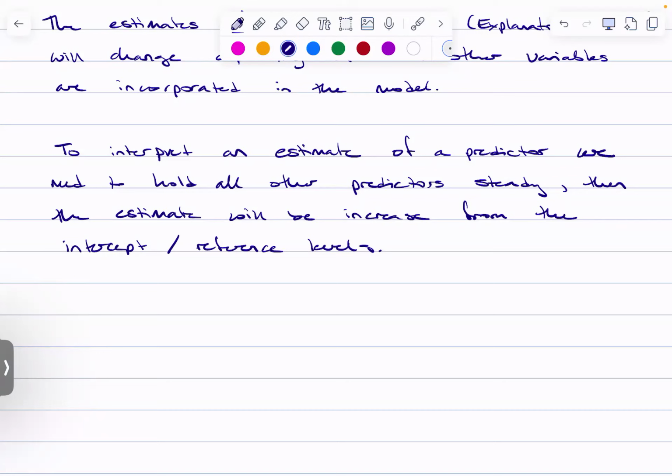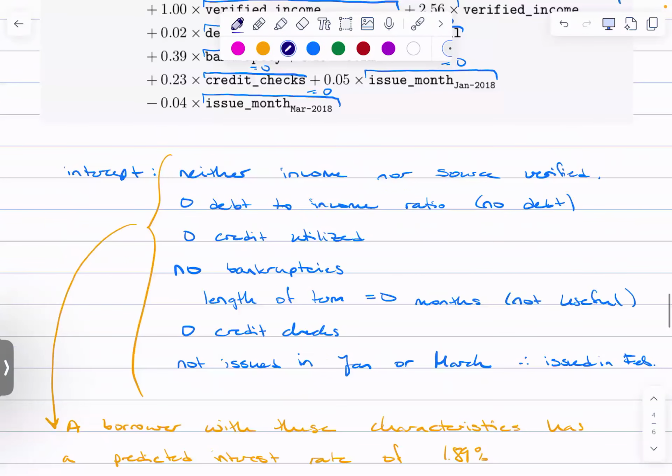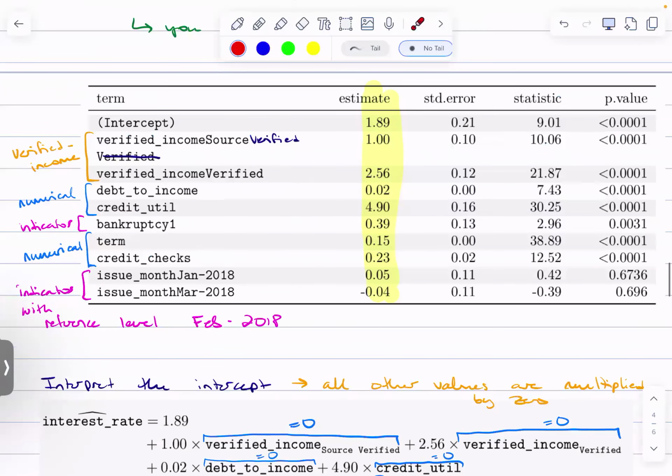So for example, if we want to interpret the number of credit checks, I think that one's kind of a nice one to look at.